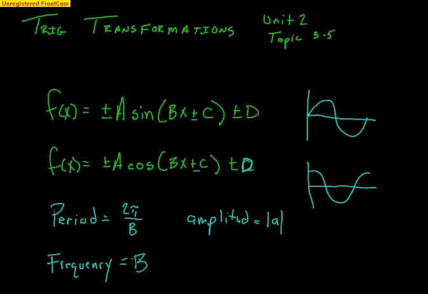So it could be more. If you shrink it down, you could have many waves inside of that 2 pi, or you could have a small amount, like you only have half or something inside of there. So again, that's pretty much just your B value, how many waves occur inside of 2 pi. So we'll talk about that as we do some examples as well here.